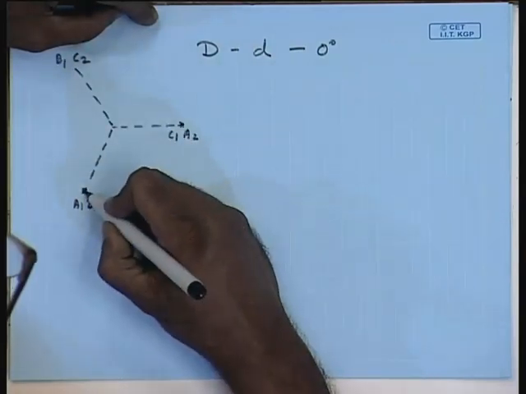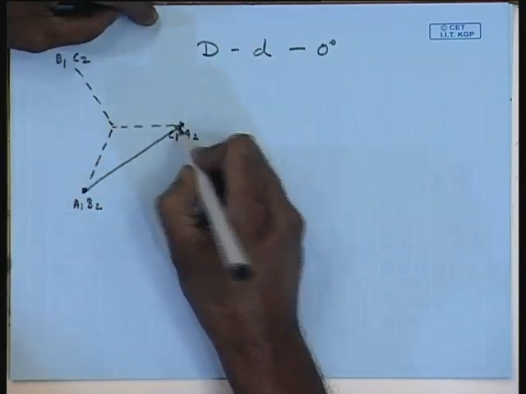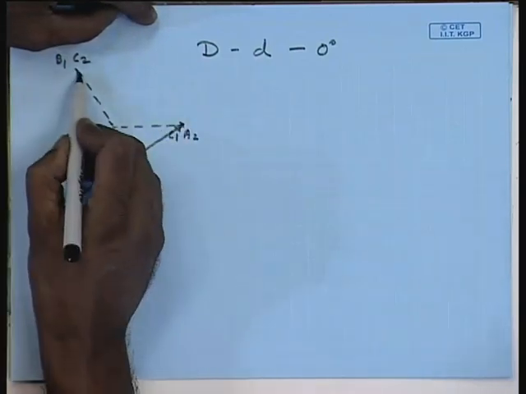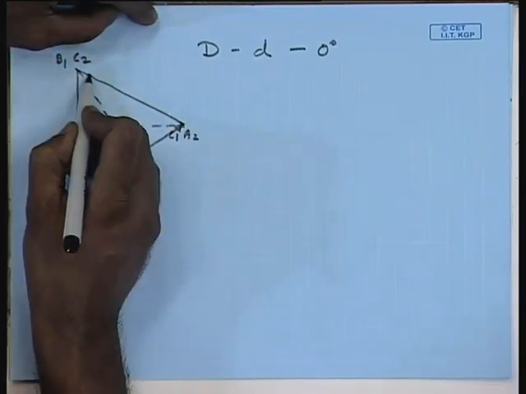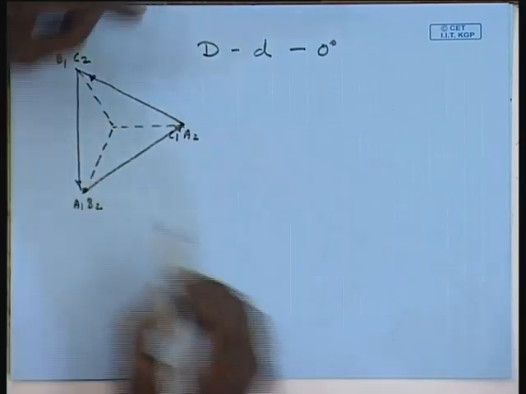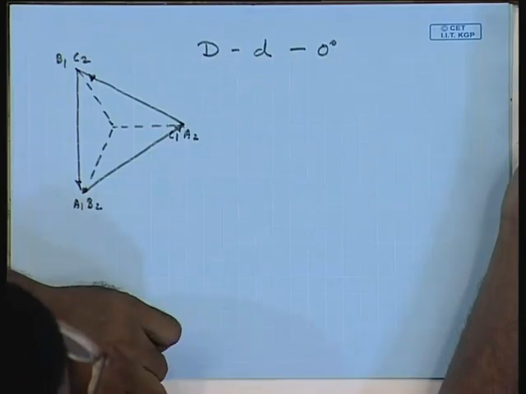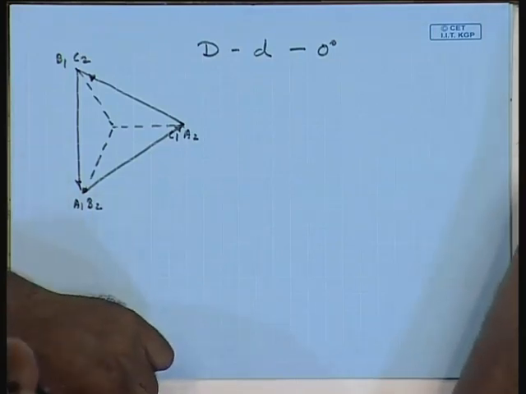So, this is the winding voltage phasor A1, A2, this is B1, B2 and this is C1, C2. DD 0 means line to neutral phasors are co-phasor, so will be the line to line phasors.